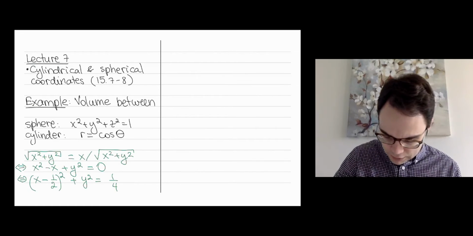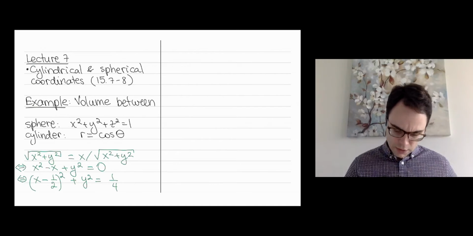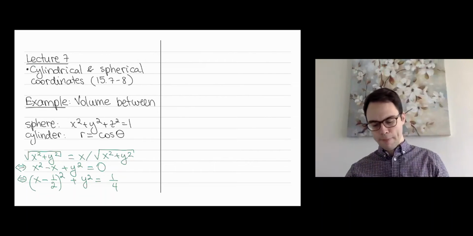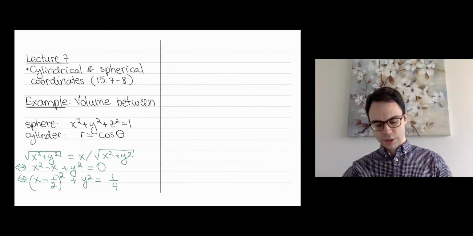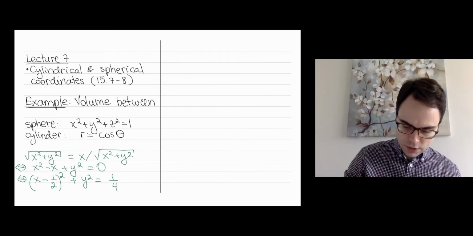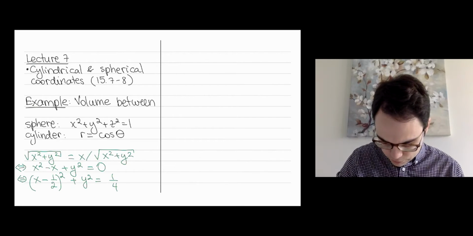So let's draw that circle over here. We're talking about a cylinder in 3D. It goes up, and this cylinder consists of all points x, y, z, where x and y live on the circle with this equation. So let's draw that circle.